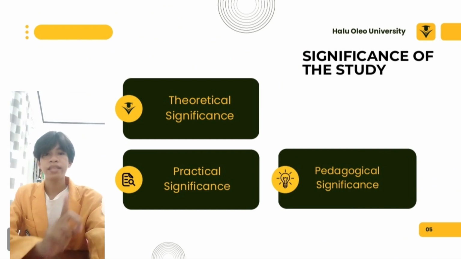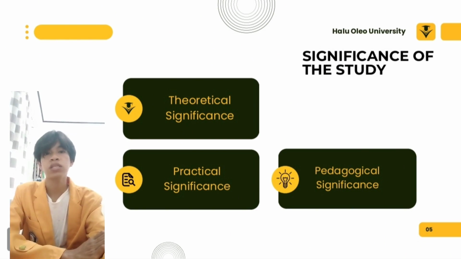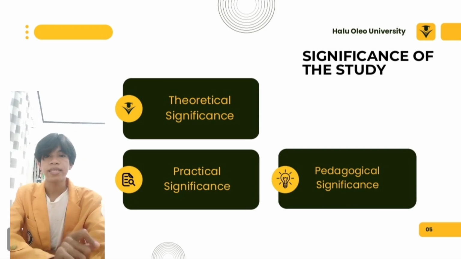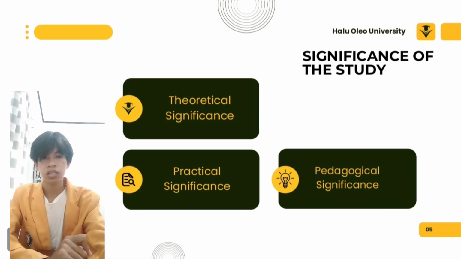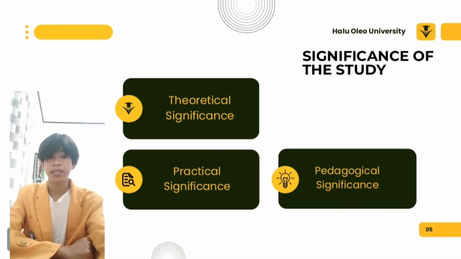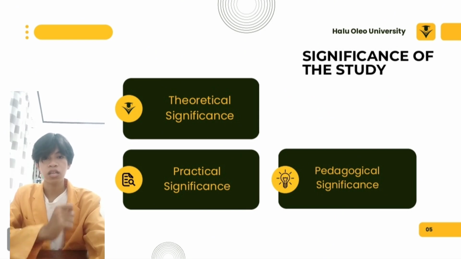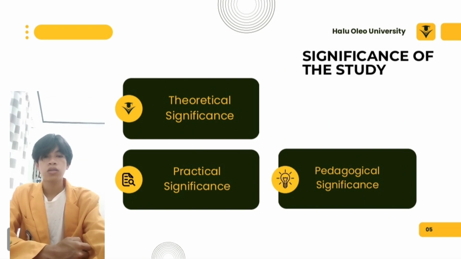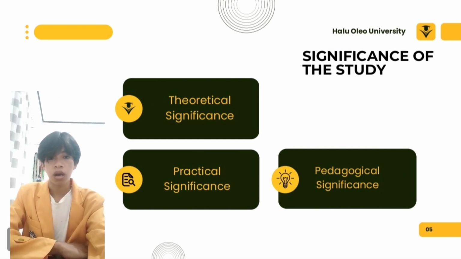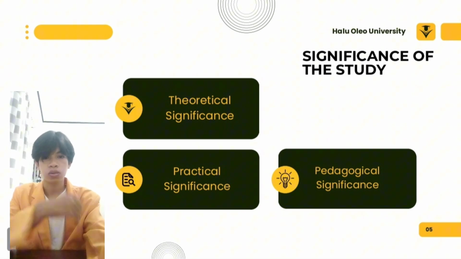Okay, on the next slide, I'm going to explain the significance of the study. In the significance section, I will only explain two aspects: theoretical significance and pragmatical significance. So, the core benefits are divided into two.